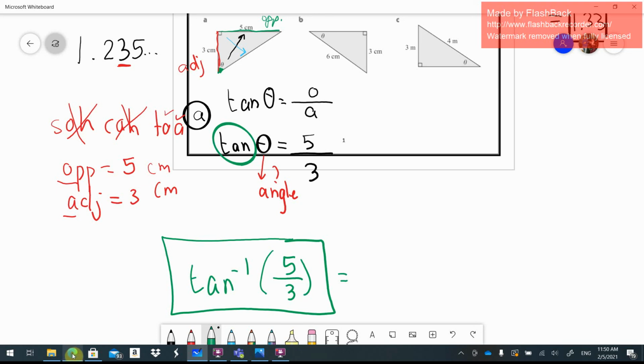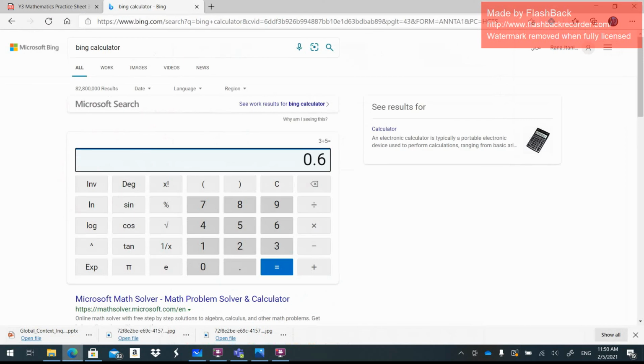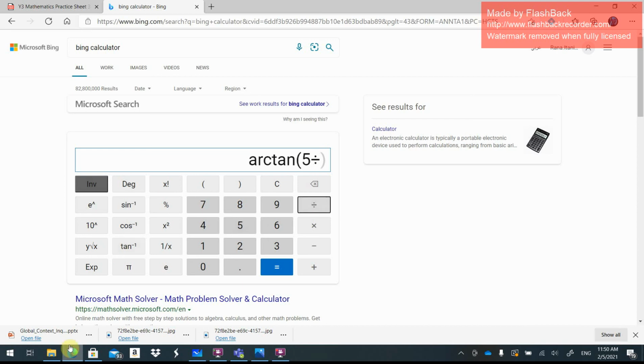I'm going to show you now the steps. Make sure that you have DEG. This DEG is for degree. Then you're going to press inverse and tangent, so you get arc tangent, and you put 5/3, which is 5 divided by 3. Since fraction means division, you close the parenthesis.